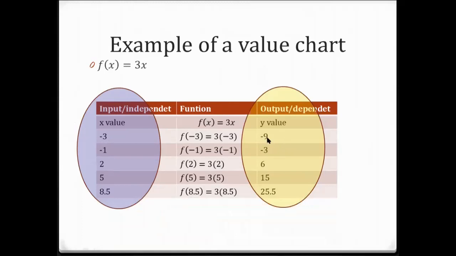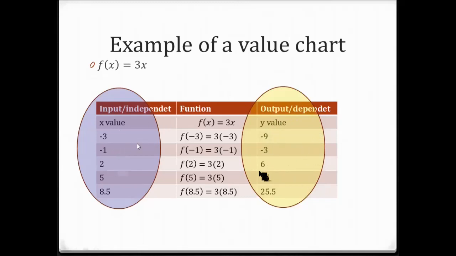So that y value we get here is the output, the dependent variable, a value in the range. And that's something you already have clear: the independent variable, or the input values, are part of the domain, and the dependent variables, or the output values, are elements of the range.